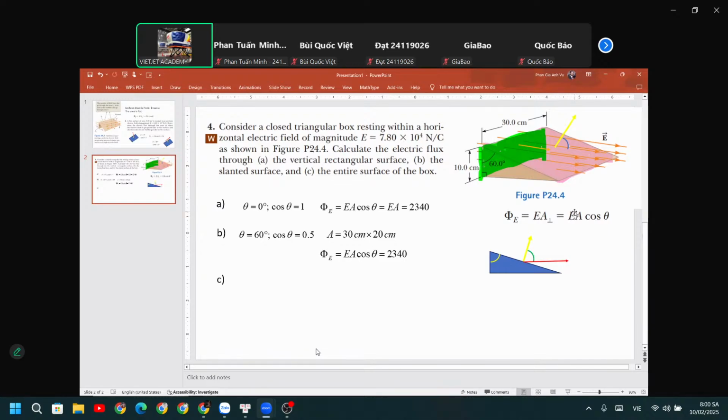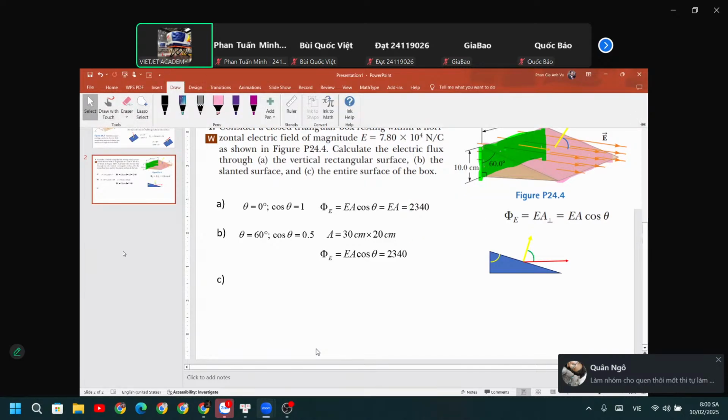But you can easily see that the flux through these three surfaces is zero because the electric field is perpendicular to the three surfaces, right? The two on the two sides, front side and back side, and the bottom. Oh, I still have the drawing.